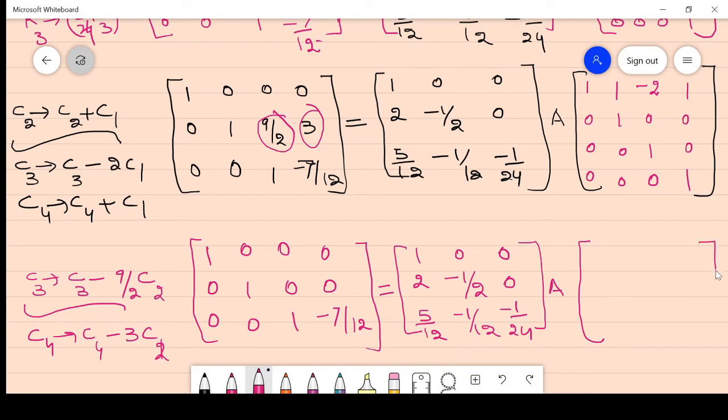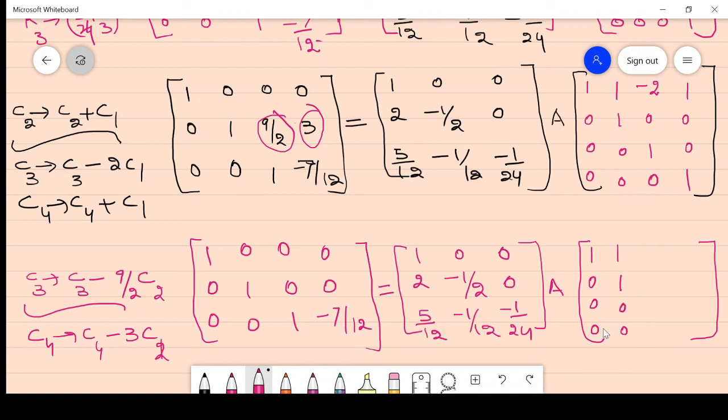Now the column operation affects this matrix. So first C1 is 1 0 0 0, and then C2 is again the same, 1 1 0 0.